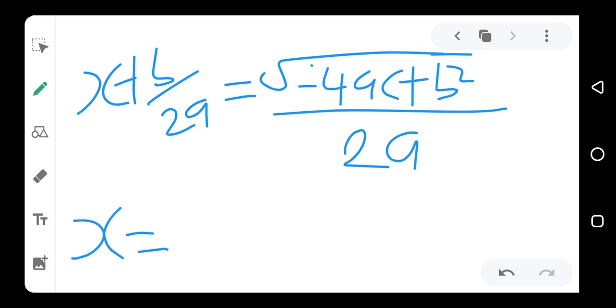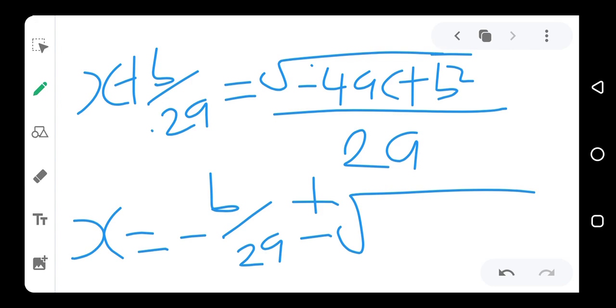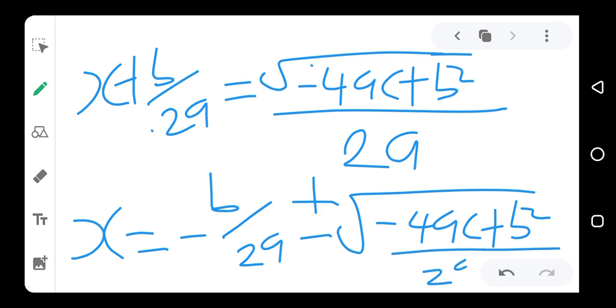This is plus b over 2a, coming to this side it becomes negative, minus b over 2a. Now for this one that has the root, it's going to be plus or minus, because the root of any value is plus or minus of that value. So we have plus or minus root of minus 4ac plus b squared over 2a.